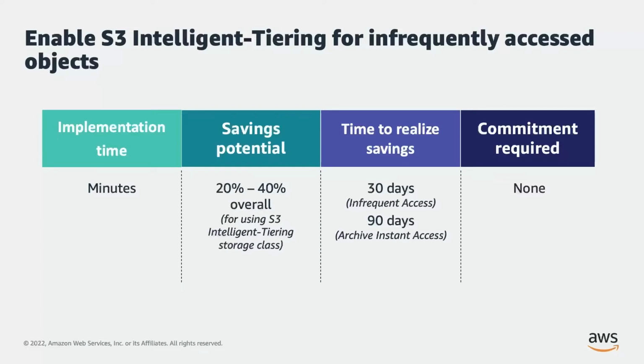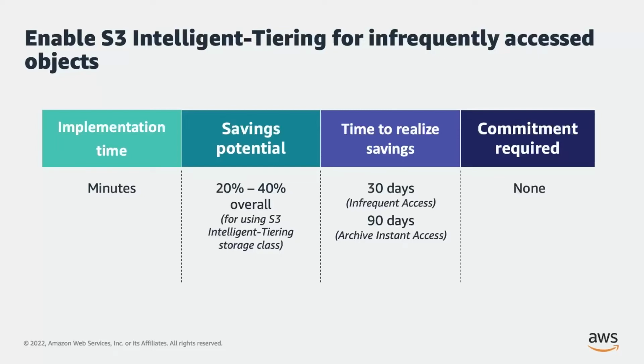You save the most if you write directly to the S3 Intelligent-Tiering storage class instead of writing to S3 Standard and then moving objects by a lifecycle policy. Also, we recommend you start using S3 Intelligent-Tiering for targeting larger size objects, right?